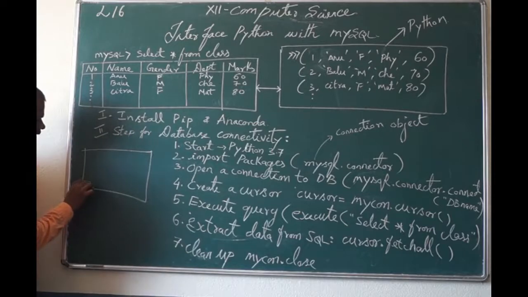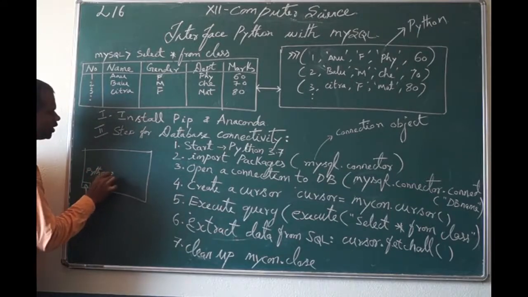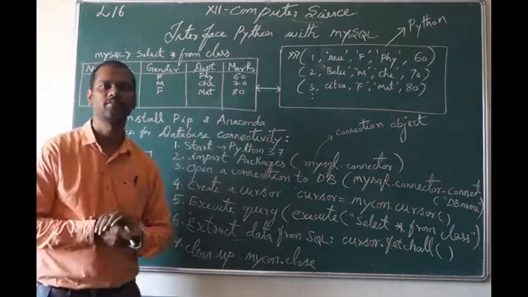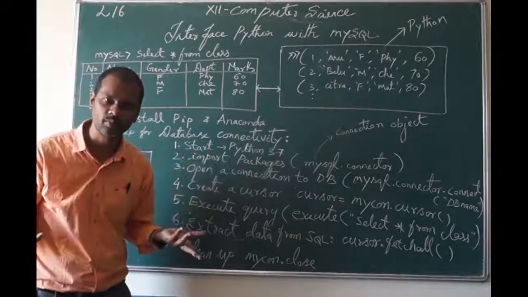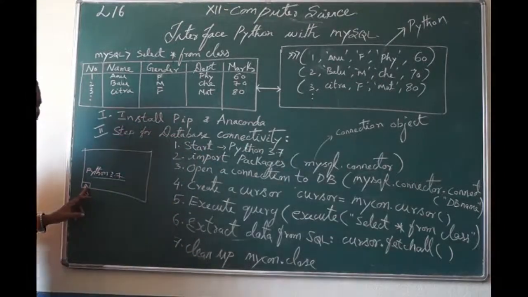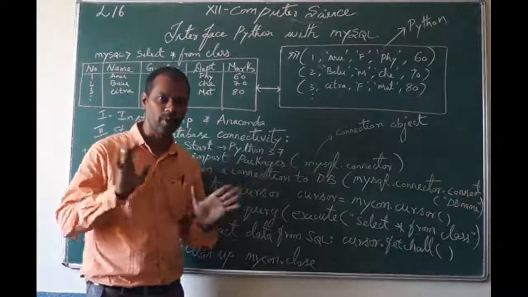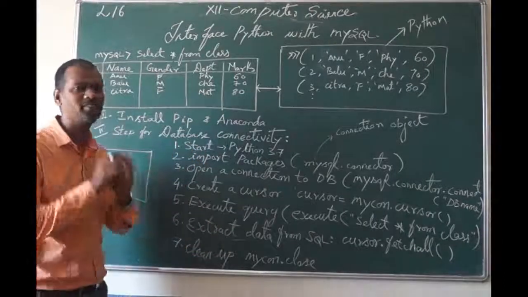You have to click here and click Python 3.7. You have to open your Python first. Just click the start button and click Python 3.7. Your Python window will open, an empty window. The first step is very easy.